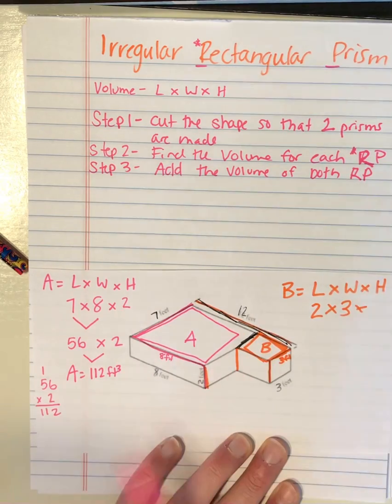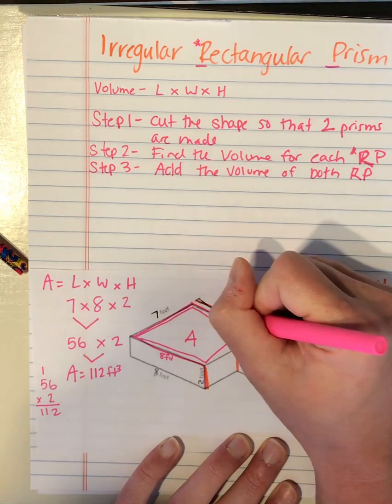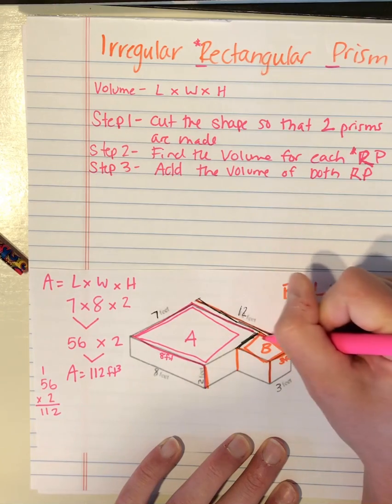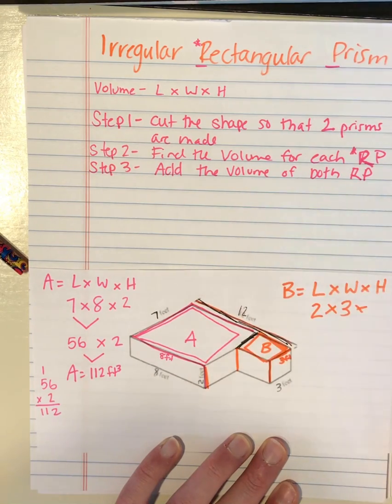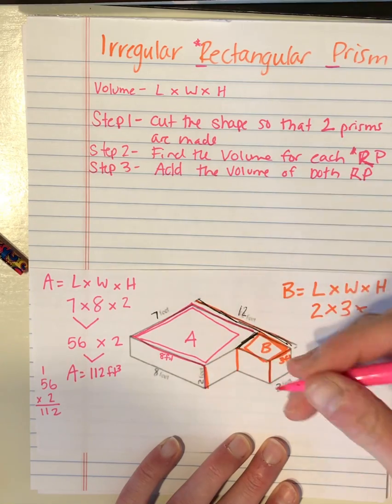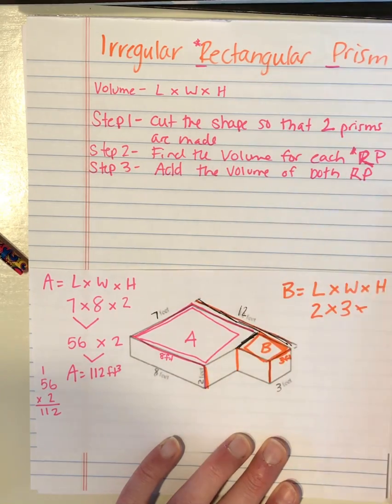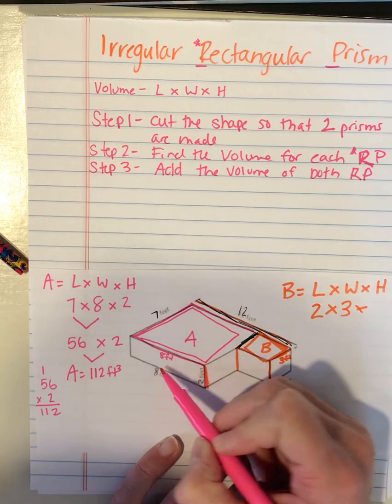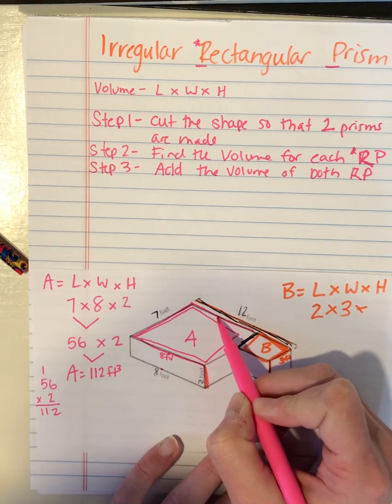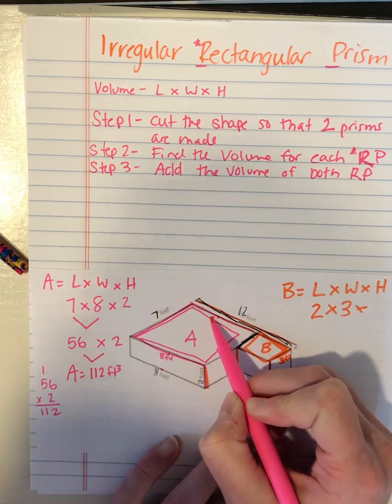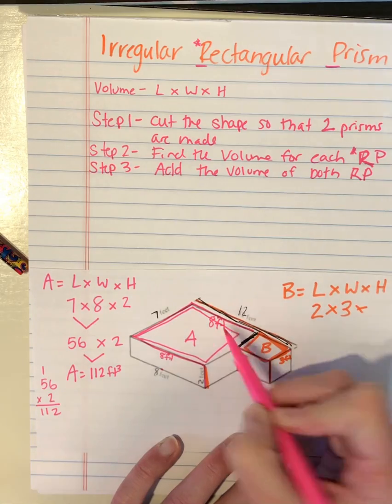I need to use my other numbers. So this plus orange is 12. That whole line is 12. But since I cut the box, I separated that line into pink and orange. Now, I know that if this is 8 feet, this is 8 feet. So how much is this pink? Hopefully you said 8 feet.